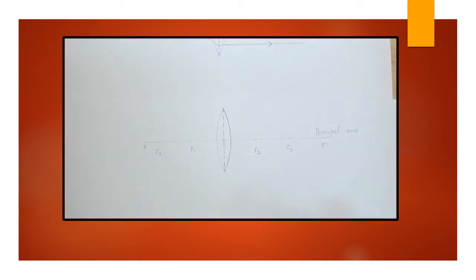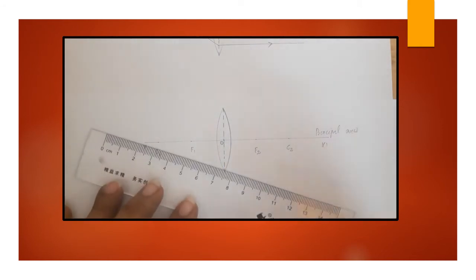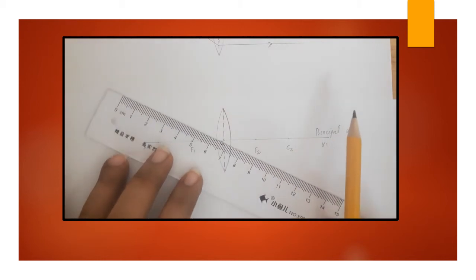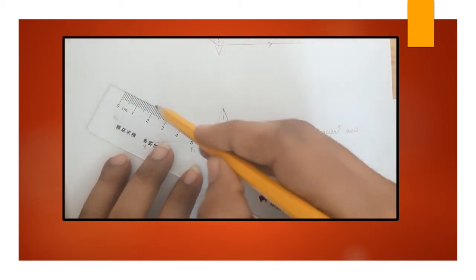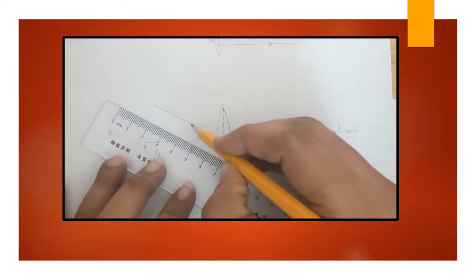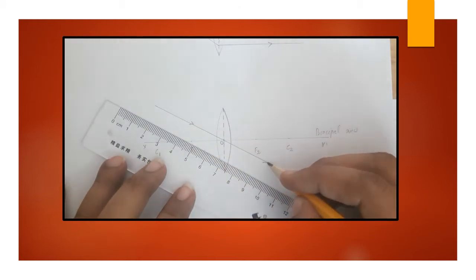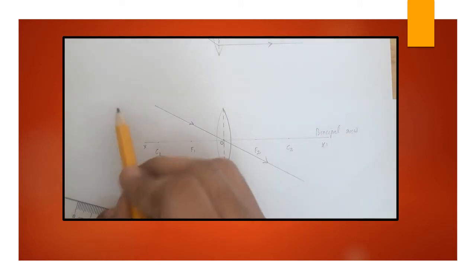And rule 3, children, a ray of light, this is our optic center. In rule 3, a ray of light that is directed towards the optic center will go straight without any deviation. So when you draw the light ray, you should show 2 arrow marks. So these are the main 3 rules.